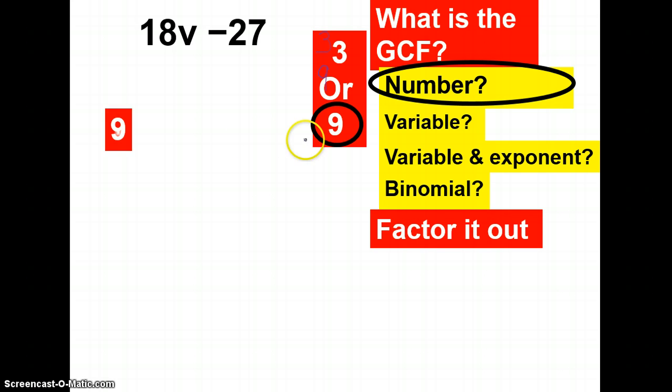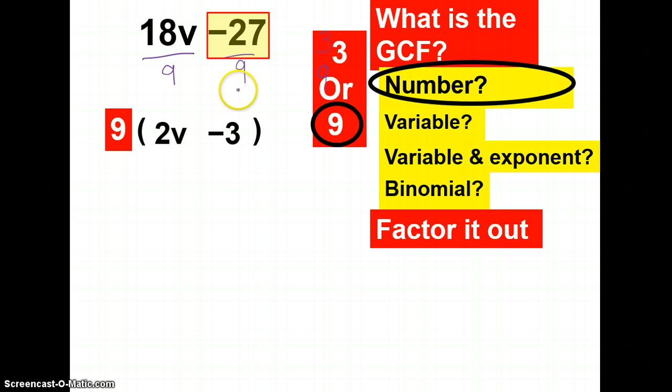We'll factor it out, divide out a 9. So if I divide this by 9, and that by 9, what will I get here? 2v. If I divide out a 9 here, what will I get there? -3. And if you don't know your times tables, you might want to brush up on those.